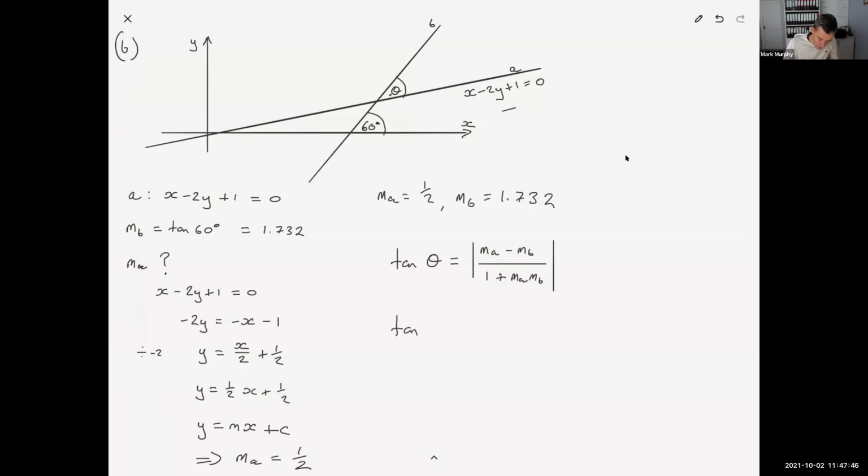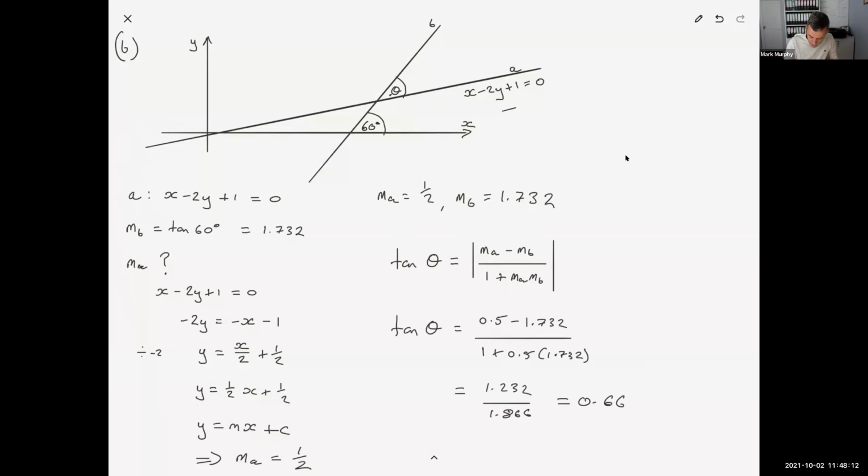Remember, theta is what we're looking for. Tan of theta is equal to M of A, which is 0.5, minus 1.732 all over 1 plus 0.5 times 1.732. And that all works out as 1.232 all over 1.866 equals 0.66, right?